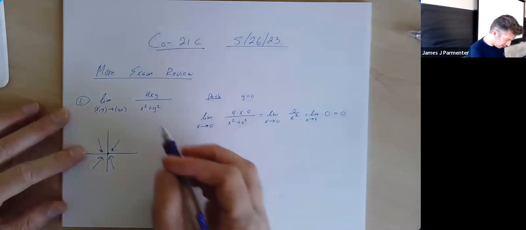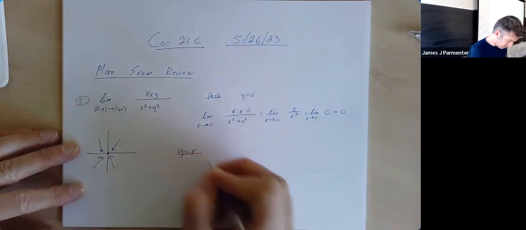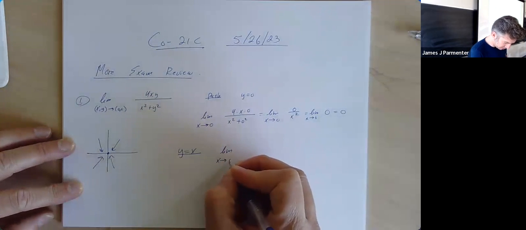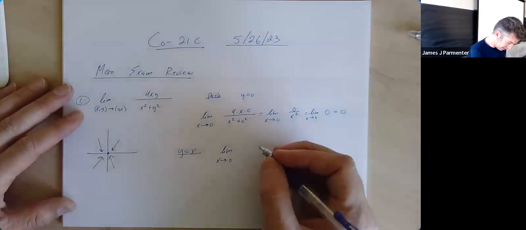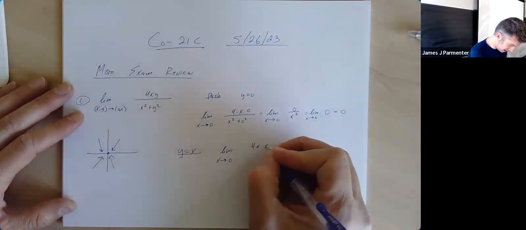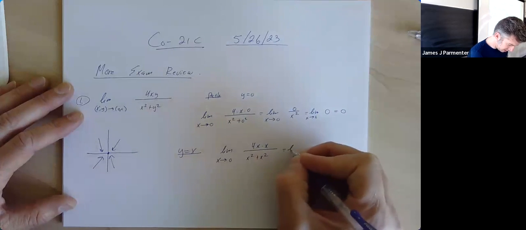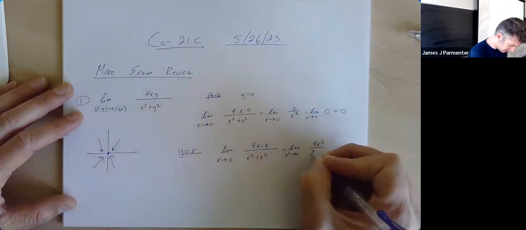So I'm thinking here, if I let y equal x, well, then I'm going to have the limit as x approaches 0, not xy because I'm replacing y with x, and I'm going to have 4 times x squared over x squared plus x squared, which is the limit as x approaches 0 of 4x squared over 2x squared.